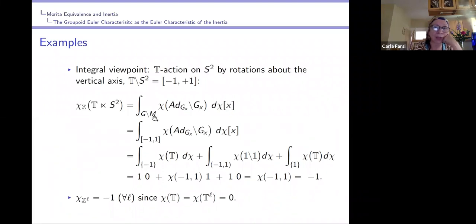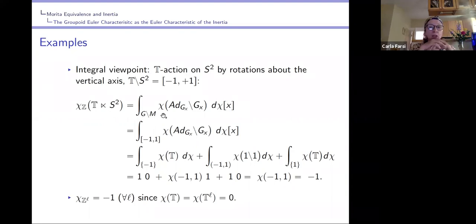So one side was the integral over M over G of this chi of the adjoint action, d chi. But what was M over G? That's, sorry, M is S2 in this case.